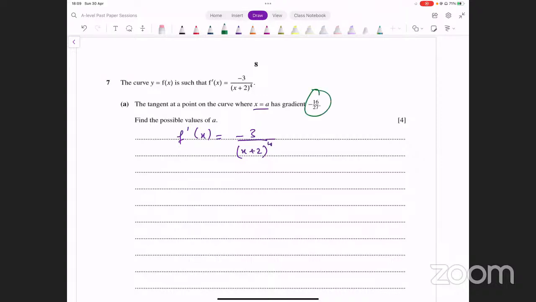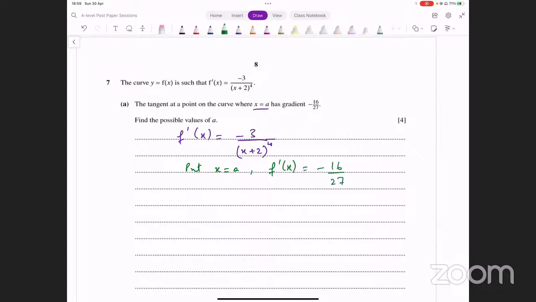That is also going to be -16 over 27. So what we can do is we can say, let's input x equals a in this. x equals a के ऊपर जो f dash of x होना चाहिए वो क्या होना चाहिए? That should be -16 over 27.